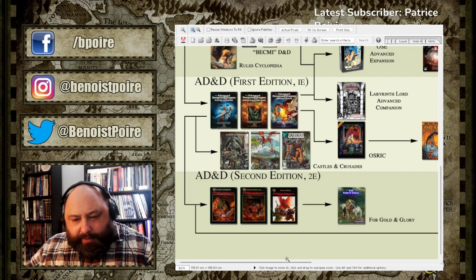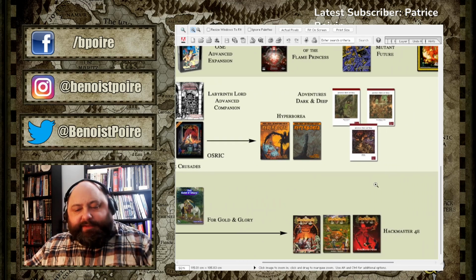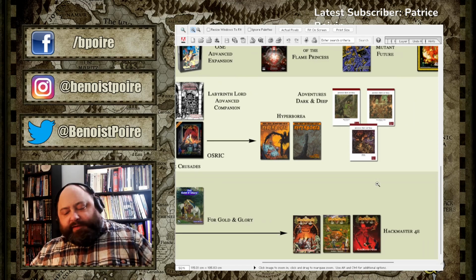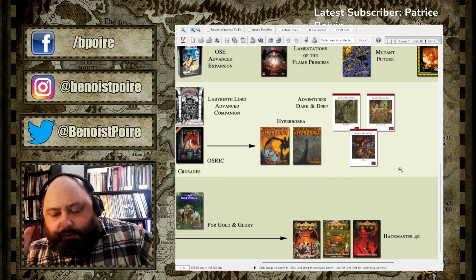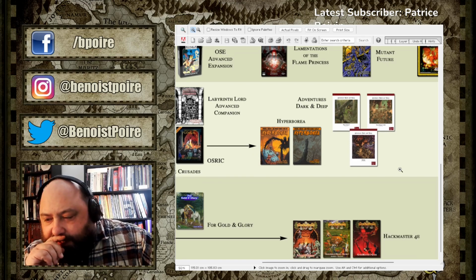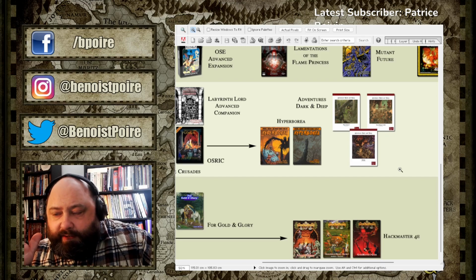What's worth mentioning, however, is that like Castles and Crusades, Hackmaster is kind of a what-if game as well. There is a comic strip out there that's called Knights of the Dinner Table. It's very popular with AD&D players and the old school crowd.